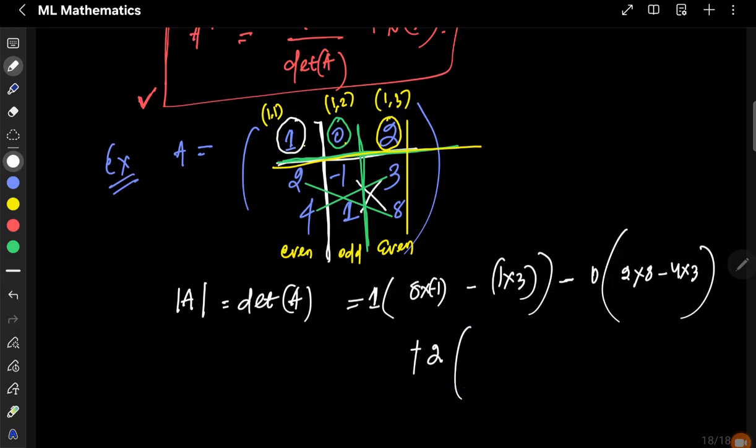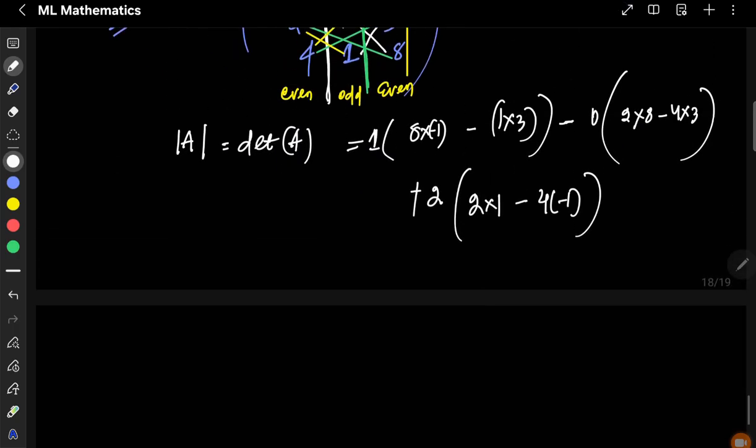The multiplication should be around what? You are ignoring this, so this will be 2 1 4 minus 1. See carefully, I am not going to make any mistakes, but you just check it out. If I make any mistake, you will correct me. 4 into minus 1.